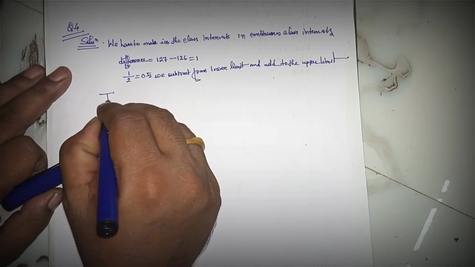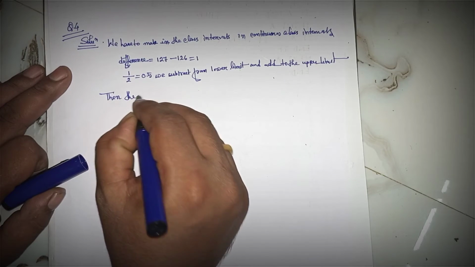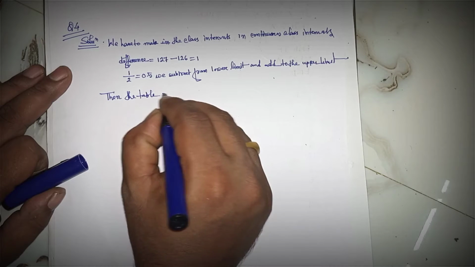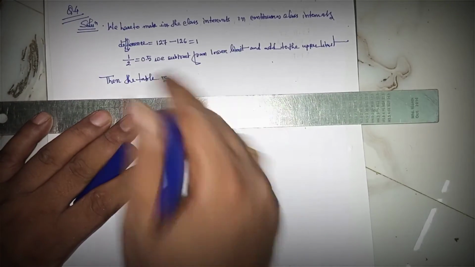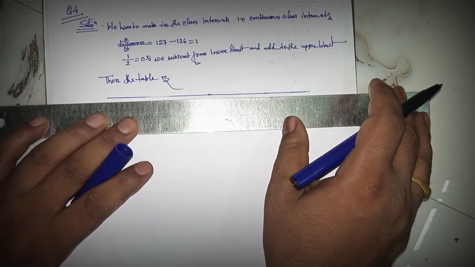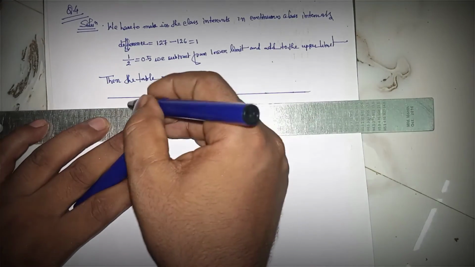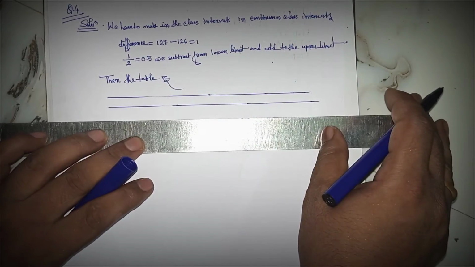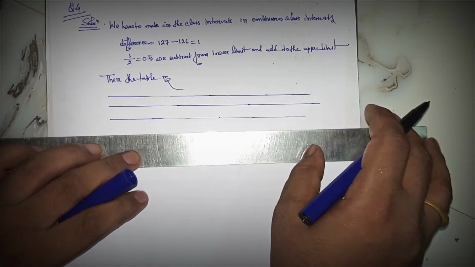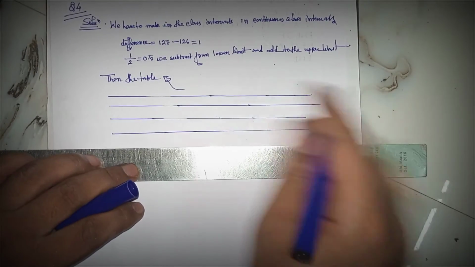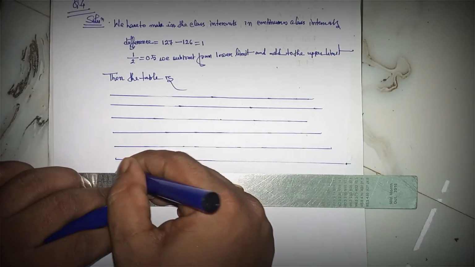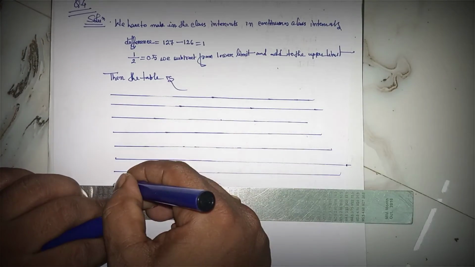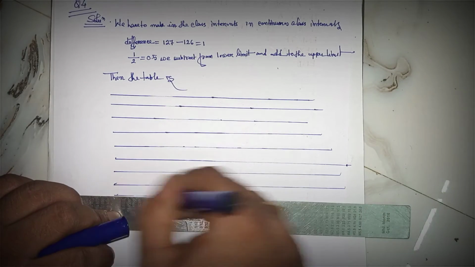Then the table is what? How many intervals are there? 7 intervals: 1, 2, 3, 4, 5, 6, 7.